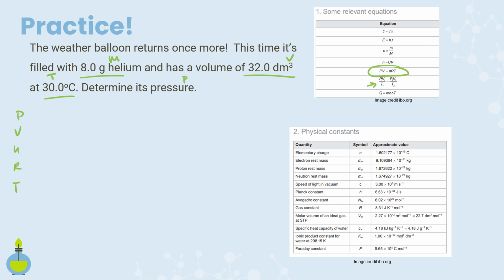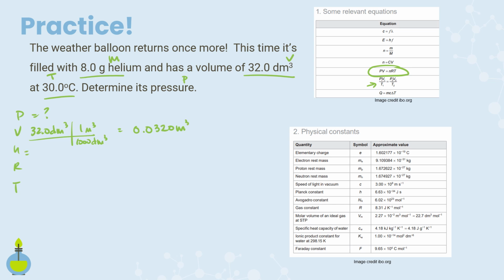Sometimes it's helpful to just go ahead and sort out all your data first. So pressure is what we don't know. Volume is going to be equal to 32.0 cubic decimeters. I need to convert that into cubic meters. There are 1,000 cubic decimeters in 1 cubic meter. So 32 divided by 1,000 gives us 0.0320 cubic meters.